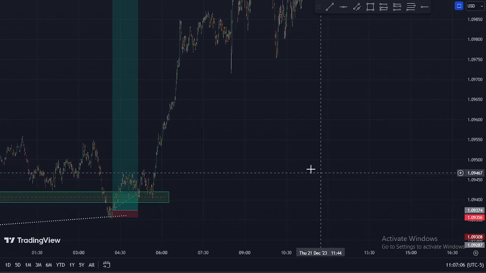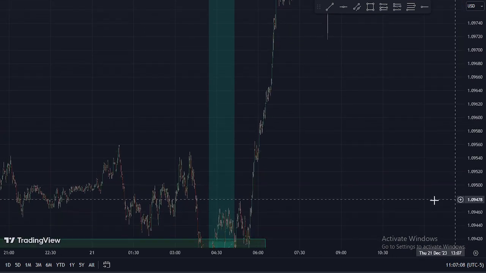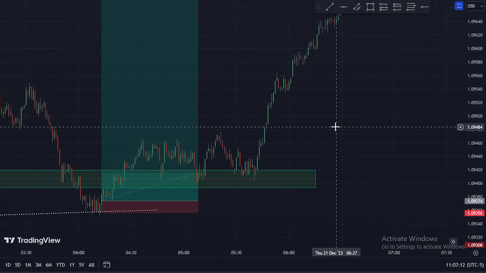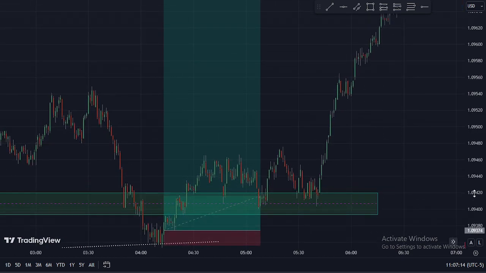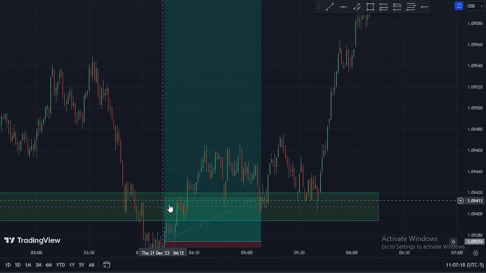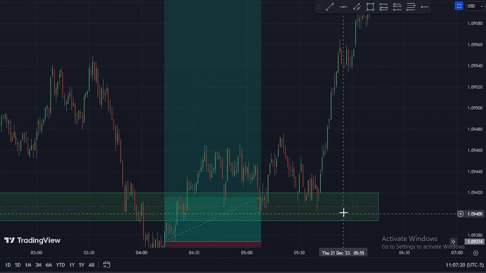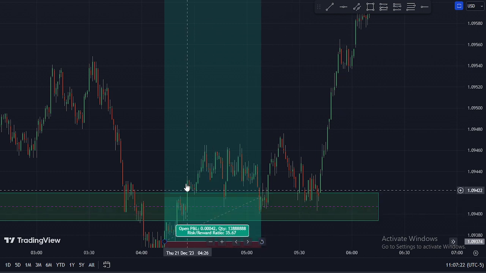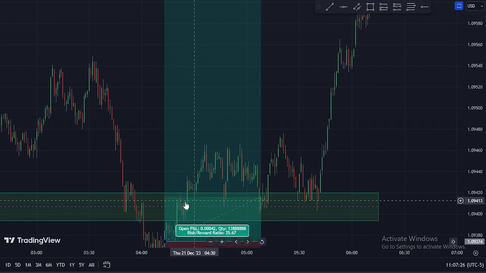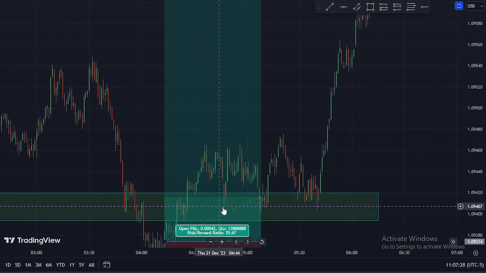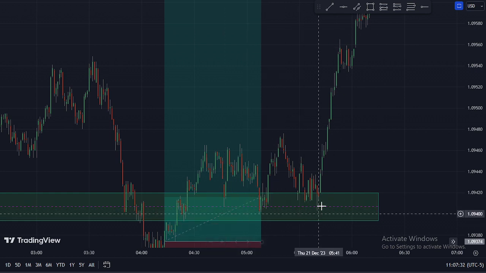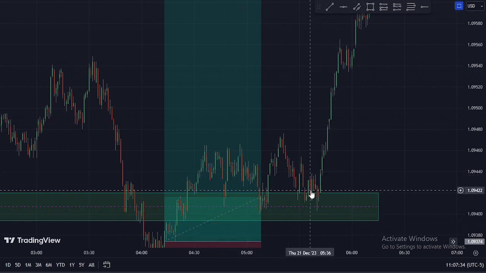And as you can see, we had here, let me explain something. So this is algorithmic. This is the midpoint of the gap, and when price traded above the gap, it came down, touching the midpoint of the gap, and then we had that move to the upside.